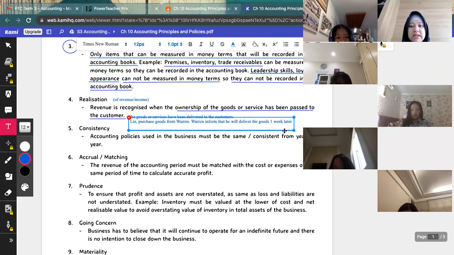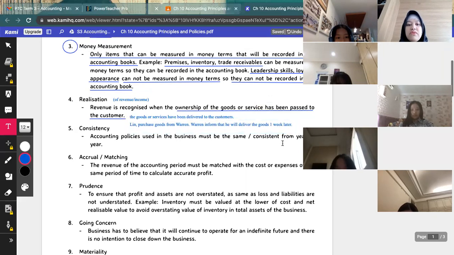Now, you might sometimes be familiar with the word pre-order. You are familiar with pre-order of, let's say, iPhone 13, or Samsung S22. When you are pre-ordering goods, we, as the seller, cannot recognize the revenue yet.